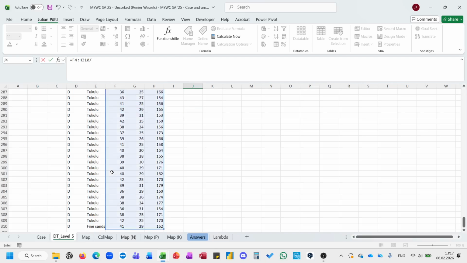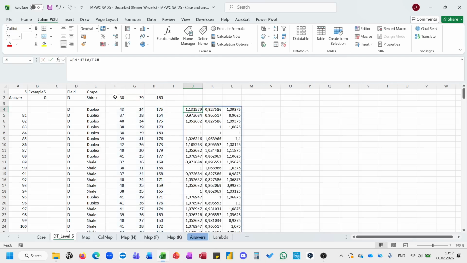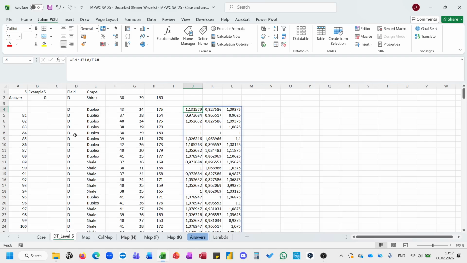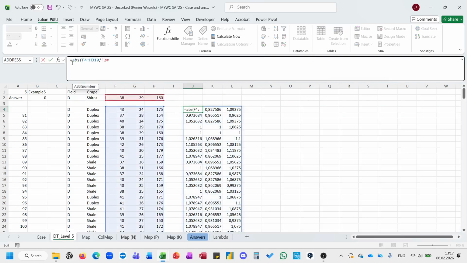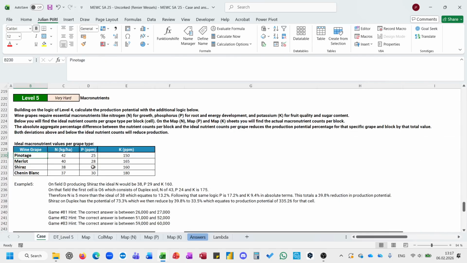All of this divided by this. ABS -1, 17.2, 9.4. Okay, makes sense.